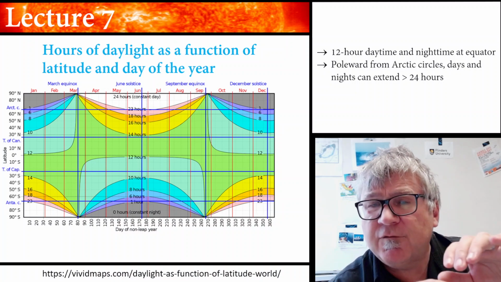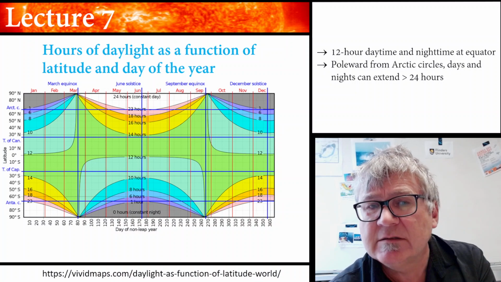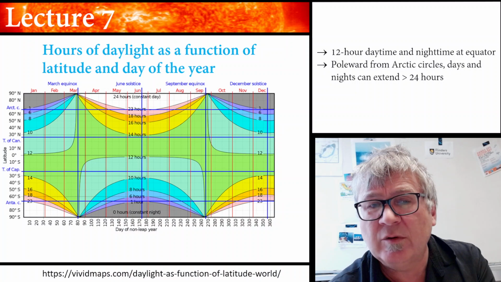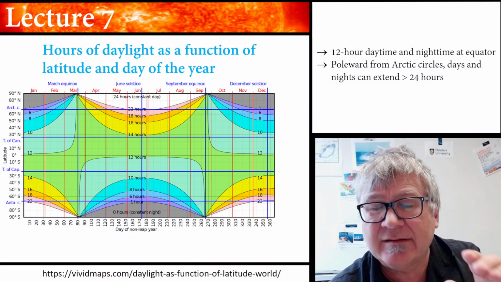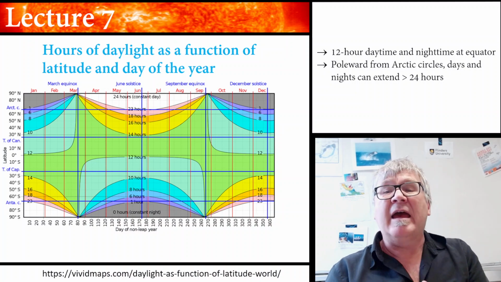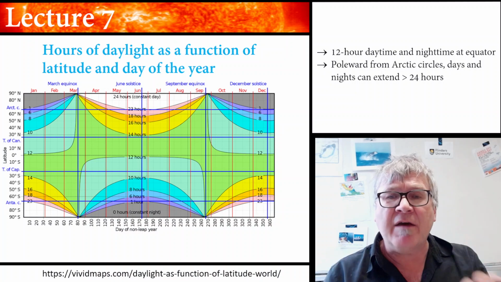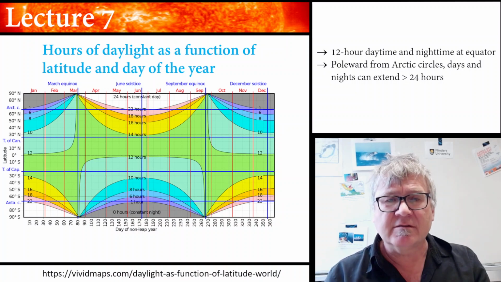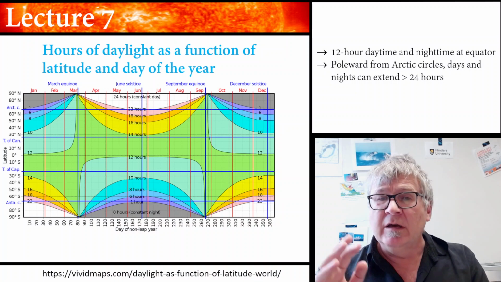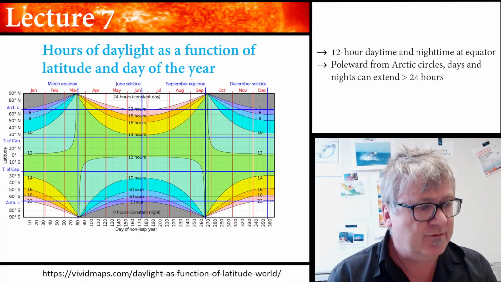And this already reflects the distribution of the heat flux that you get. This one is only daylight hours, but it already reflects the heat flux. Let's have a look at the distribution of the daily average heat flux, which averages out daytime and nighttime features.